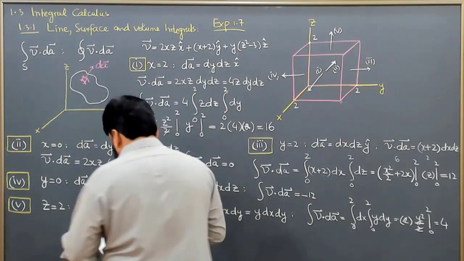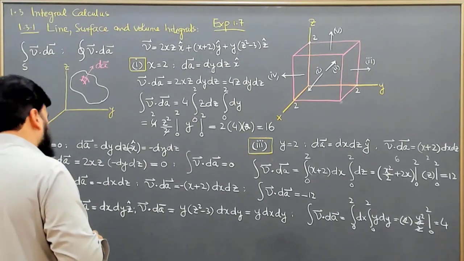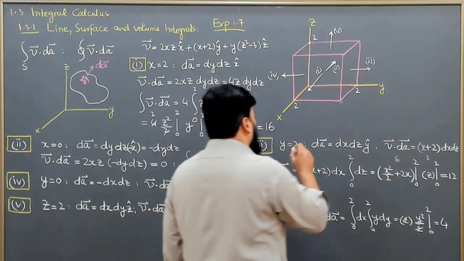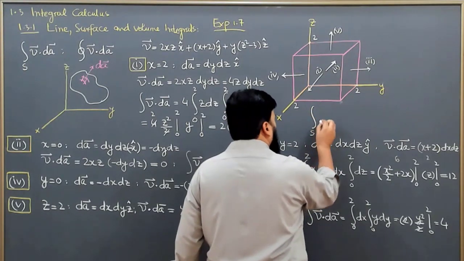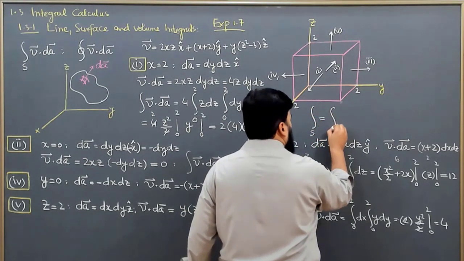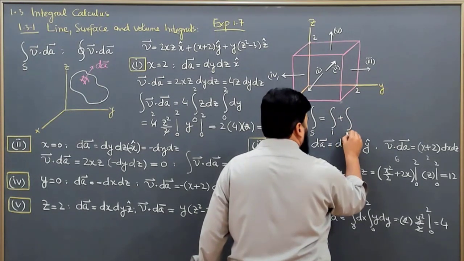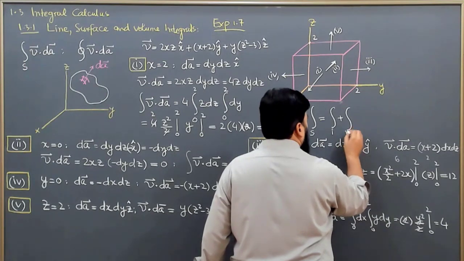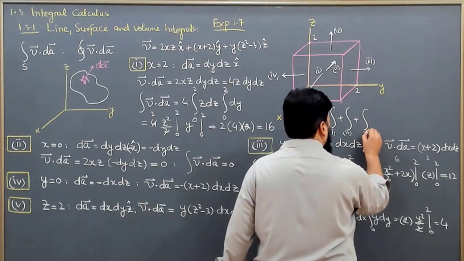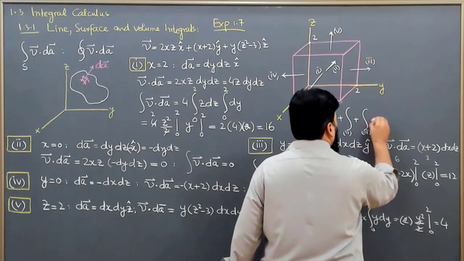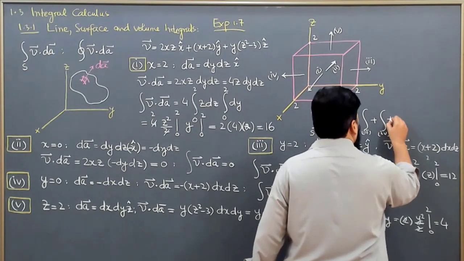And now I will have to calculate over all the surfaces. So over all the surfaces, it will be the first surface plus the second surface, the third, the fourth, and the fifth.